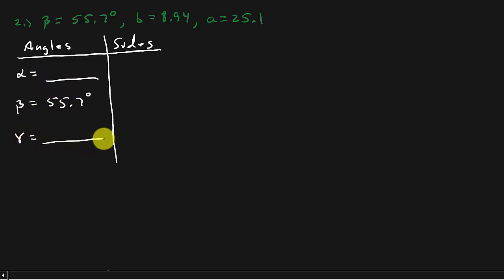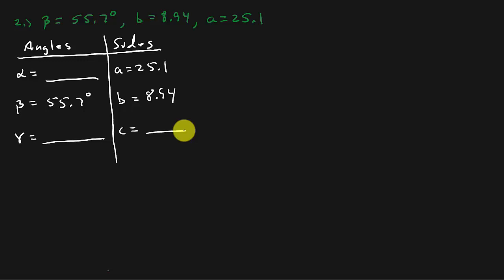Gamma, we don't know. A is 25.1. B is 8.94. And C, we don't know. All right. So looking at the table, what are we solving for?